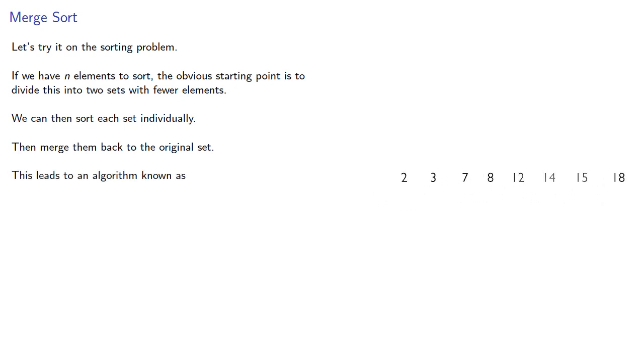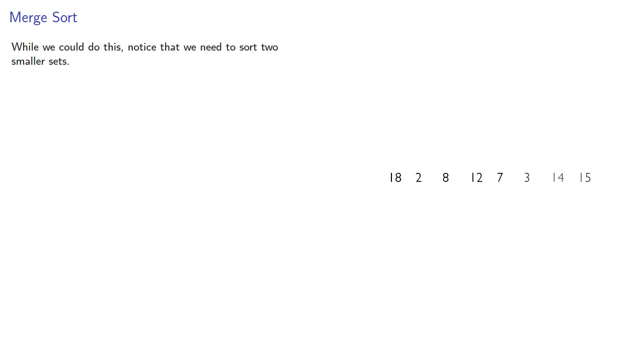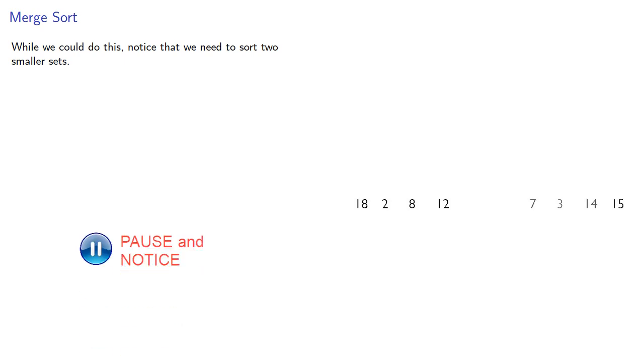This leads to an algorithm known as, well, we need a good name for what we do. What are we doing? We're merging things and they're sorted, and yeah, let's call this merge sort. Now remember, lather, rinse, repeat. While we could do this, notice that in the conquer phase we need to sort 2 smaller sets.